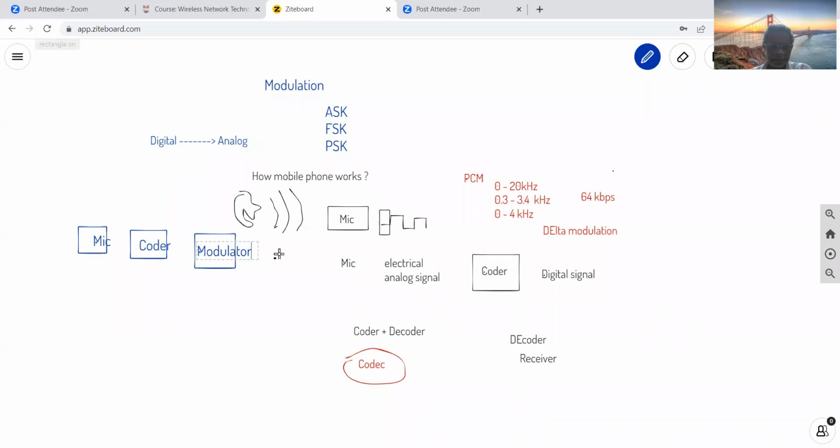Now this analog signal is going to an antenna. From the antenna, it is going to free space. Now there is a constraint here. The antenna size, the antenna length, depends on the frequency you are transmitting.